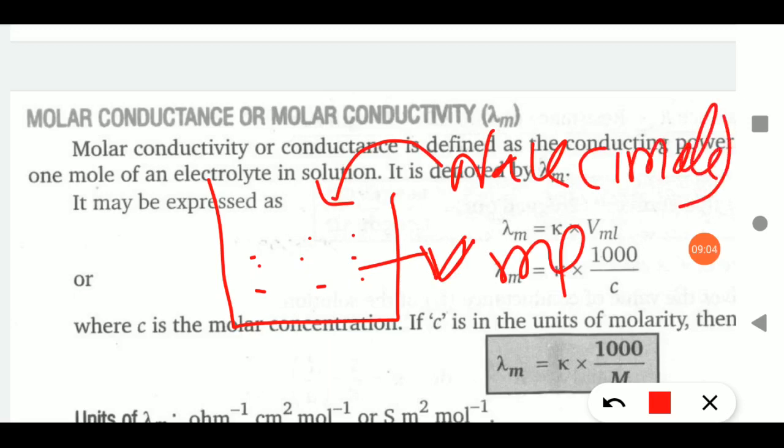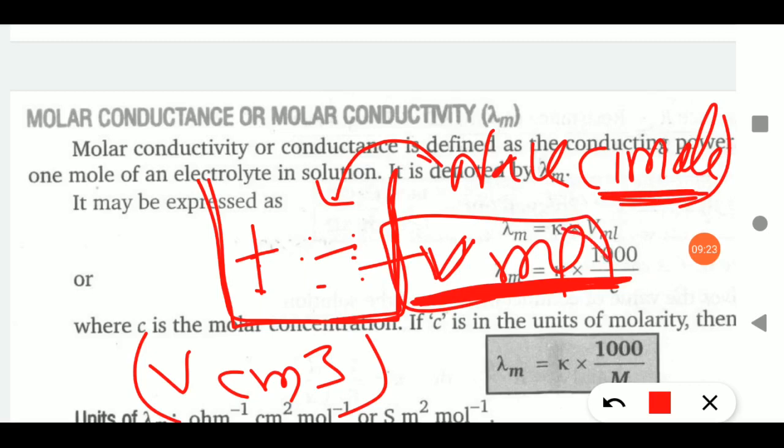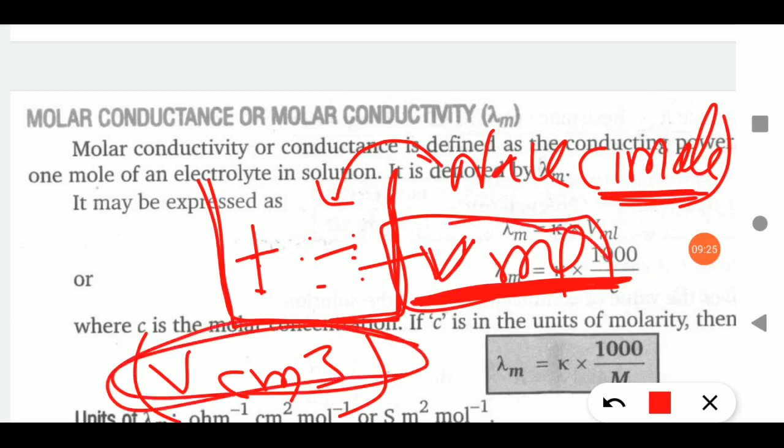Here Na positive and Cl negative will move in this solution, whose volume is V mL, or V centimeter cube. It is not necessary to take 1 liter, you can take 250 mL. Whatever the volume.